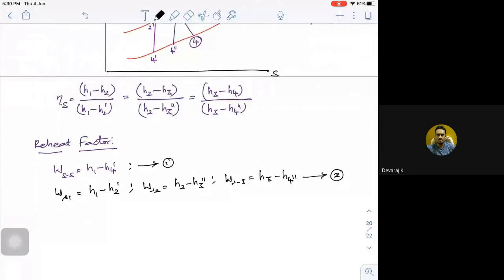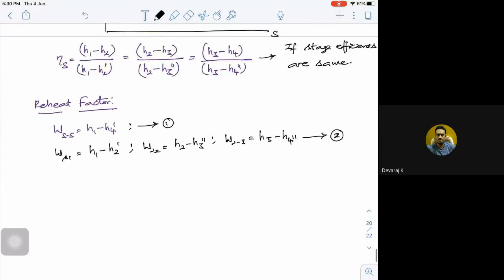If I go with a condition that the stage efficiencies are the same. Otherwise, this would have been the stage efficiency of the first one, of the second one, of the third one. If all my stage efficiencies are the same, what can I write your actual work done as?